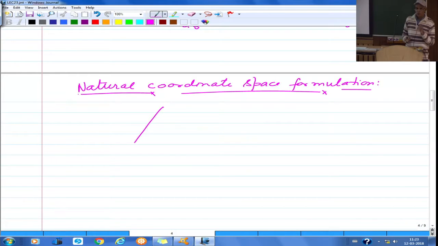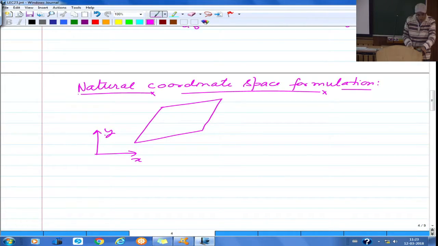The problem still belongs to the physical coordinate space, and all your energies, stresses, strains you have to calculate in the physical coordinate space, but only for the purpose of interpolation we are mapping this domain into a domain in the natural coordinate space. Say we have an arbitrary quadrilateral in the physical coordinate space, with coordinate directions x, y. First let us talk of a 4 noded quadrilateral element.